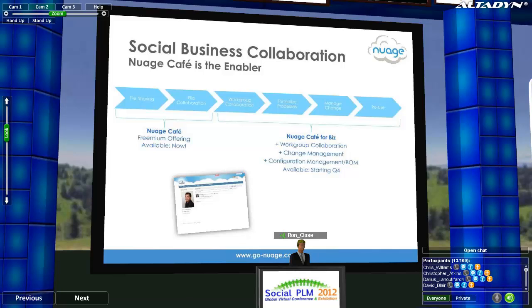And we've actually decided to go to market with a freemium offering so that our clients could start to get a feel for the types of capabilities and the types of user experience that we'd like to introduce them to as we move forward for more sophisticated capabilities in our products that we'll be calling Nuage Cafe for Biz, that will start in Q4 of this year.